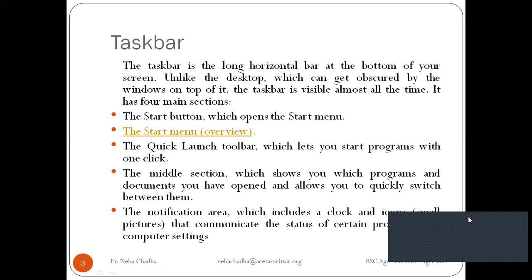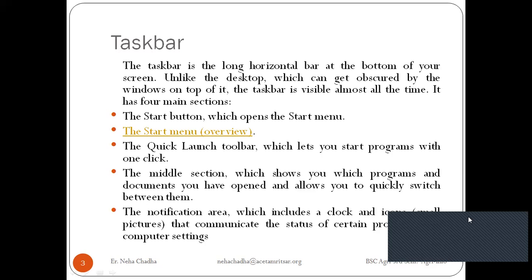Then comes the middle section. The middle section of the taskbar shows which programs and documents you have opened and allows you to quickly switch between them. Over the taskbar, you can put your own application as well as other documents that appear automatically as a task on your taskbar when you open them.